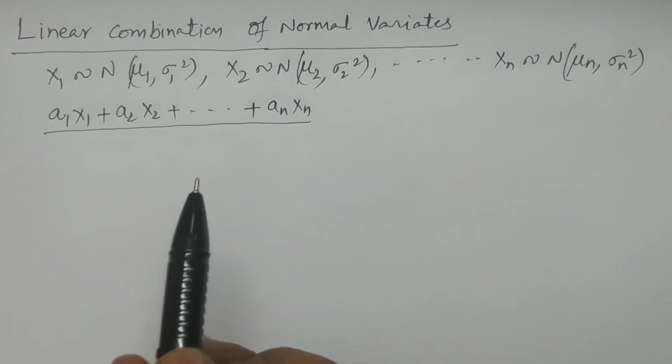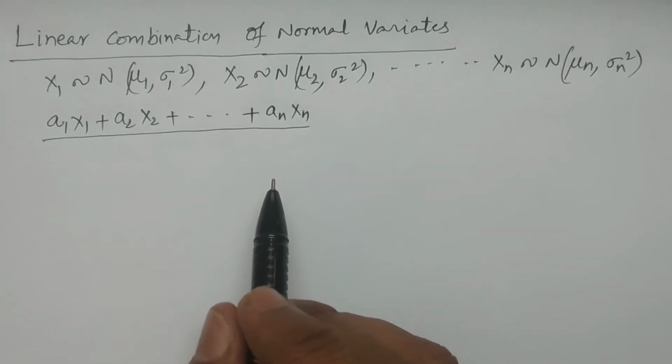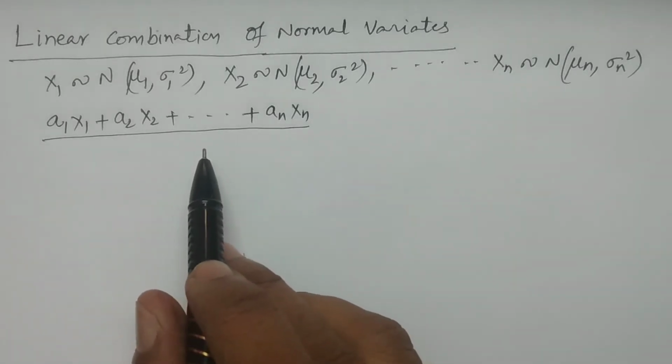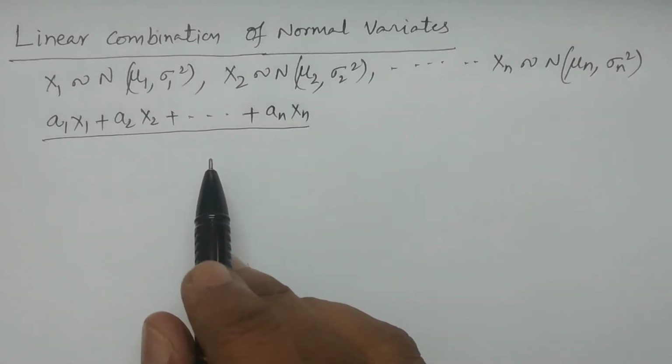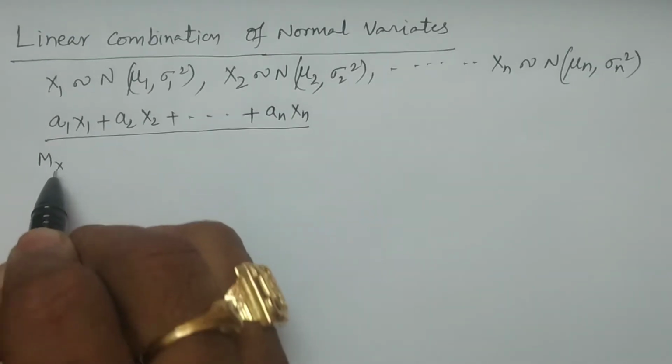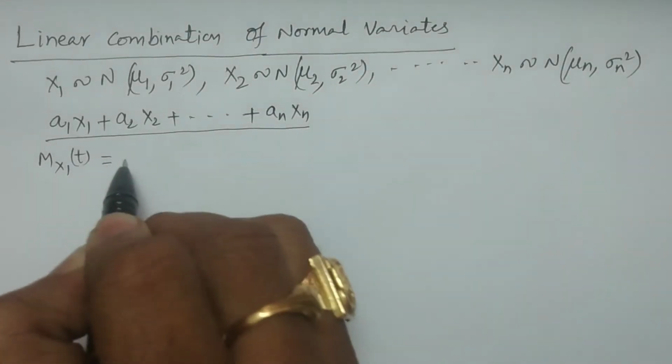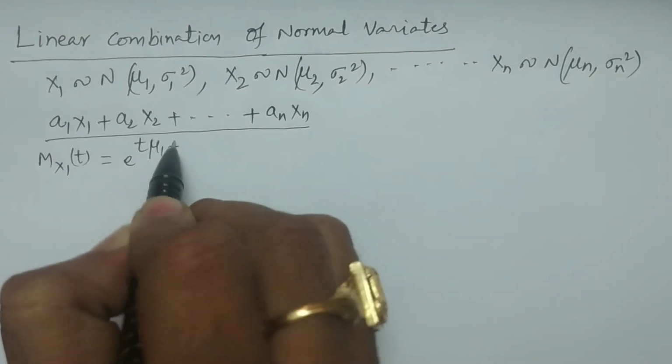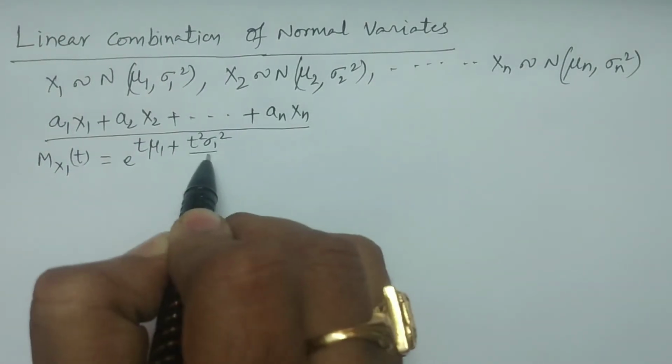To answer this question and to identify the distribution of this linear combination, we have to consider the moment generating function. So first of all, what is mx1t? mx1t is equal to e power t mu 1 plus t square sigma 1 square divided by 2.